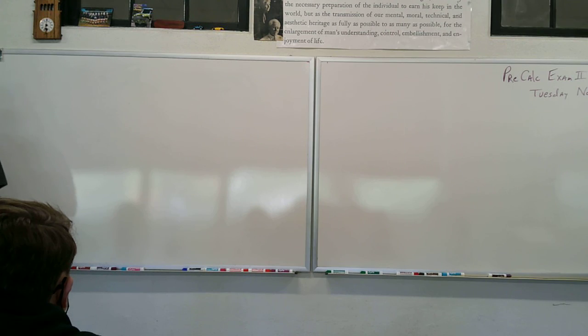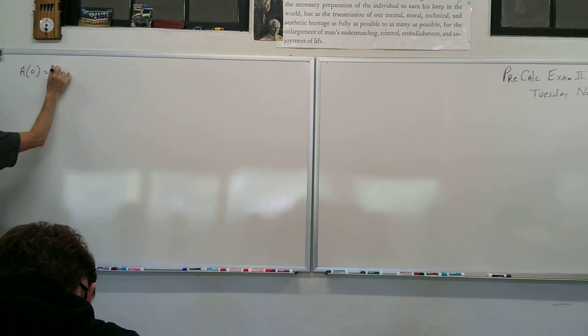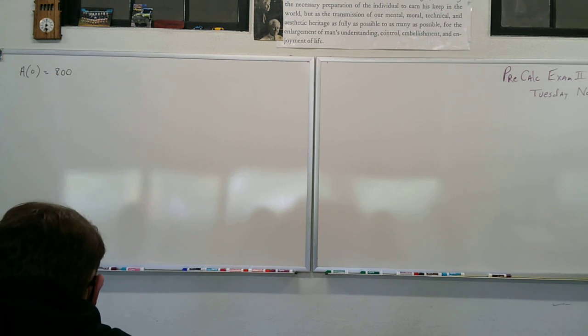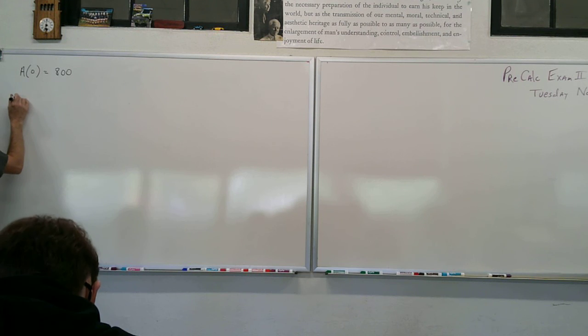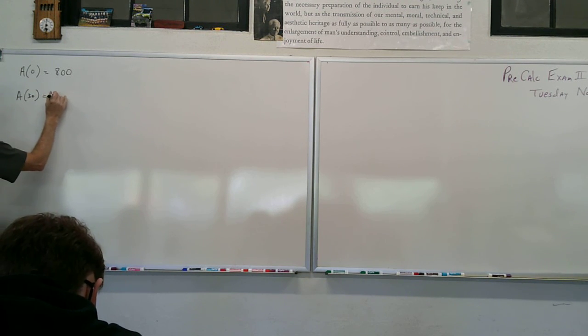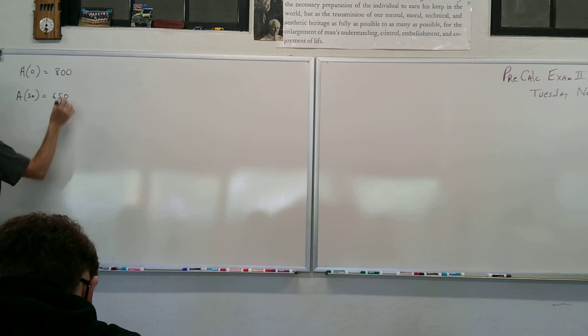He discovers this new stuff. And when he discovers it, he realizes that at time 0, there is 800 of them. But 30 minutes later, it's already down to only 650 of them.